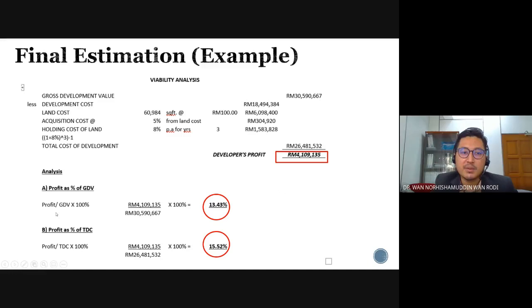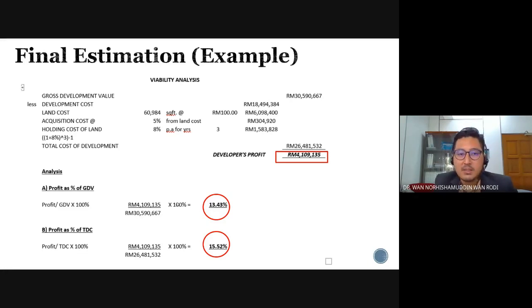You have to do the ratio on GDV and also the ratio from TDC. Then we compare it with the viability measurement threshold, or the range of viability between 15 to 25, and for ratio from TDC it is between 20 to 50%. So if it falls within the range, we can say that the project is viable.